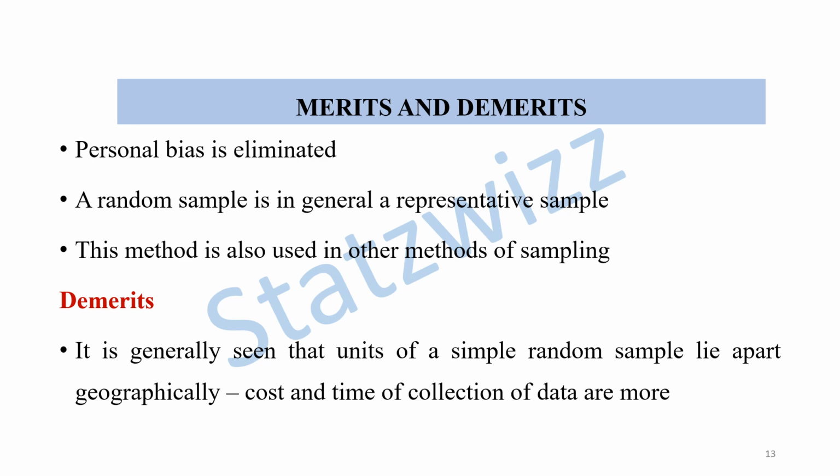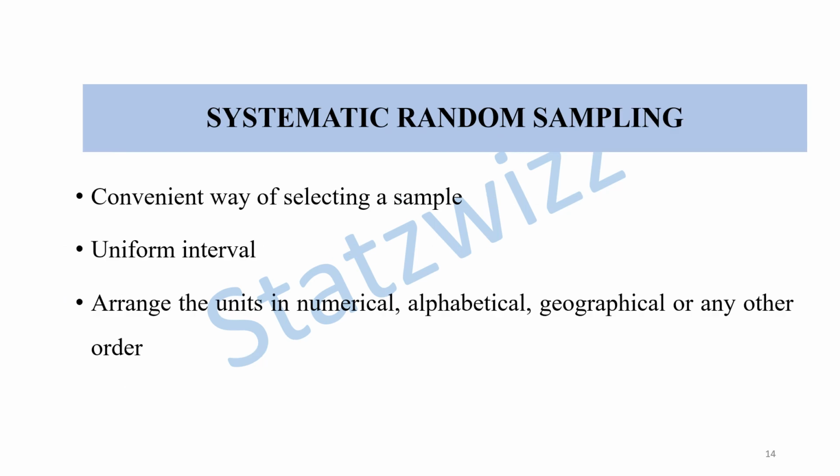The demerit is that we need to have a complete list of the people. Whenever we have to collect samples from geographically distinct areas, we will not have the complete list, so we cannot make a lottery or feed the list to the computer and select random numbers.